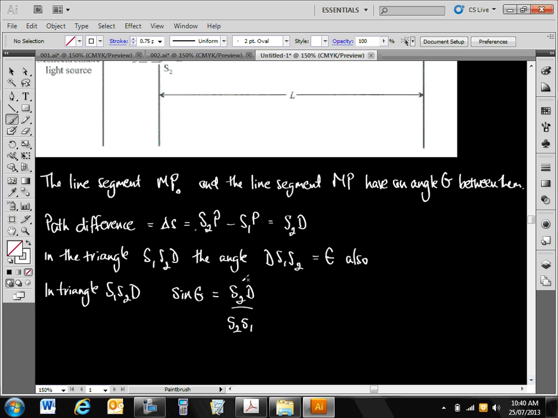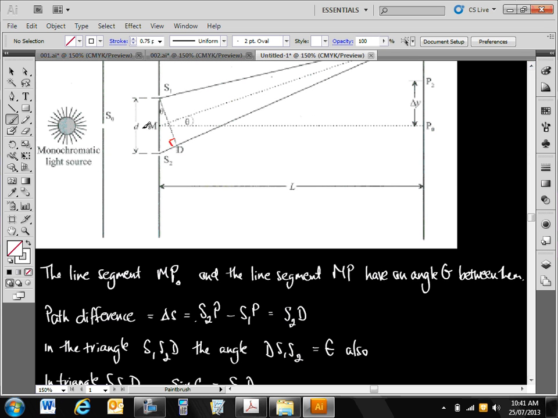So S2 D is equal to d sine theta. Okay, S2 D is equal to d sine theta.